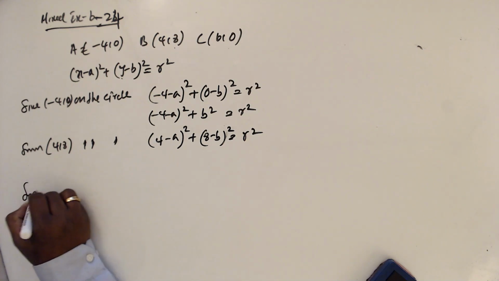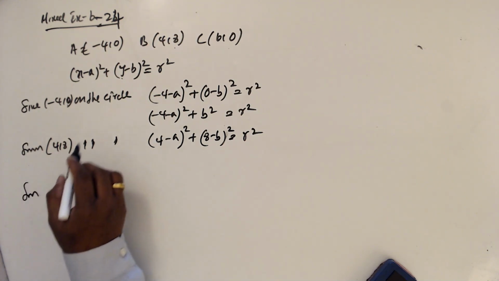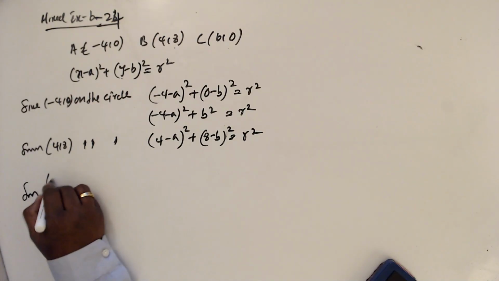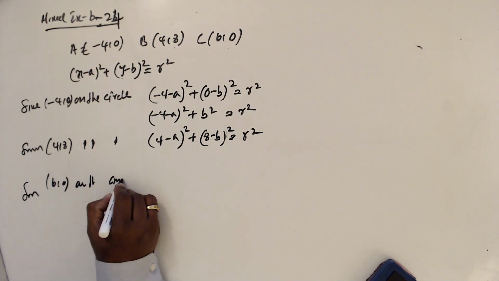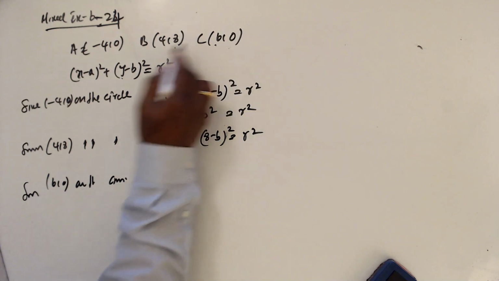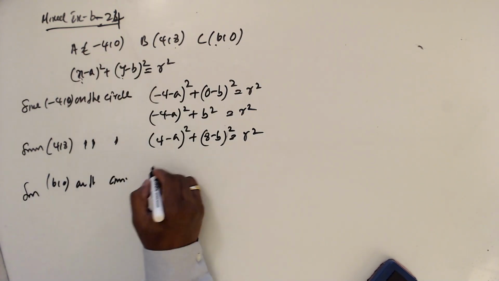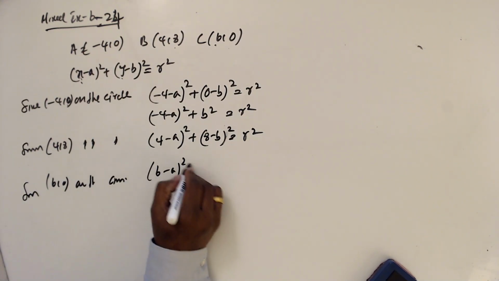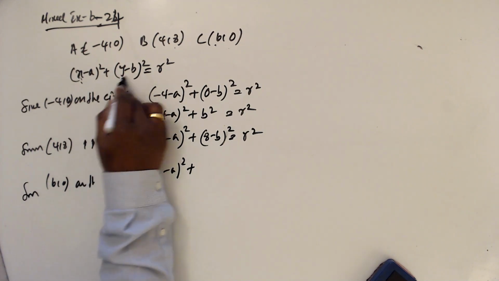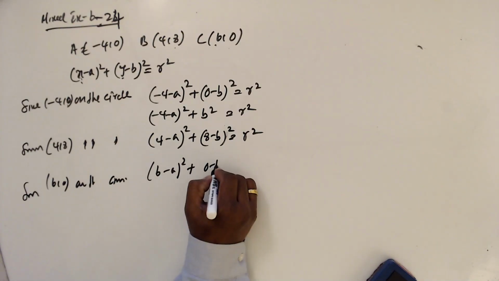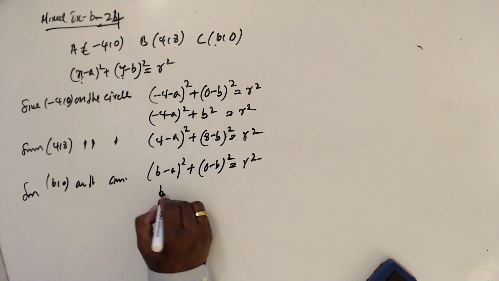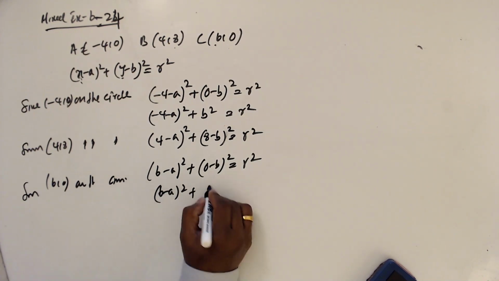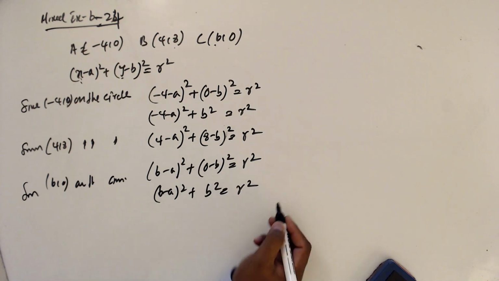And since (6, 0) is on the circle, I can substitute that one here as well. So this is going to be (6 − a)² and y is 0, (0 − b)² = r². It means (6 − a)² + b² = r².